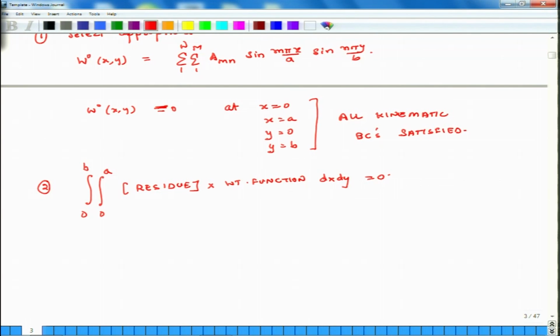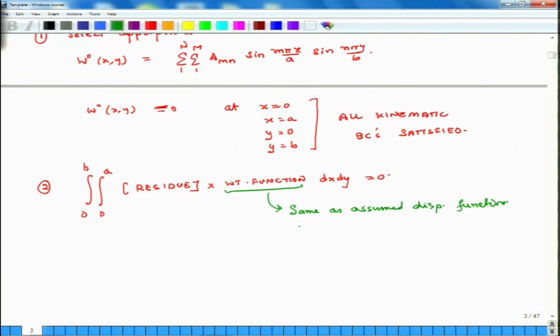Now, in special Galerkin method, this weight function is the same as the assumed displacement function. Okay. What will this be? So, what is our assumed displacement function? It is sin m pi x over a times sin n pi y over b.